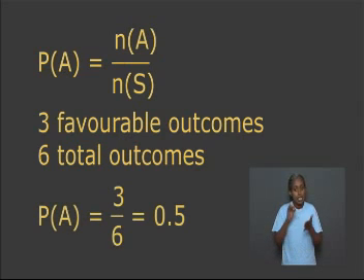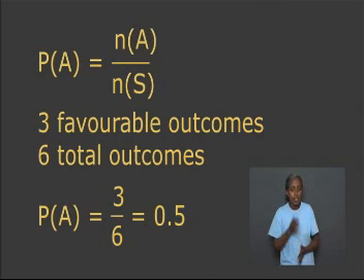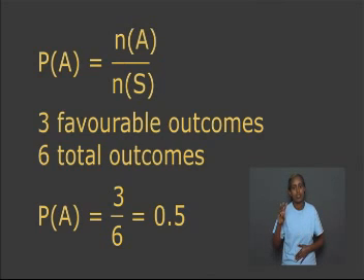That means we can define A and S as 3 and 6. If the probability of a favorable outcome is 3 over 6, that is the same as saying it is 1 in 2 or 0.5.